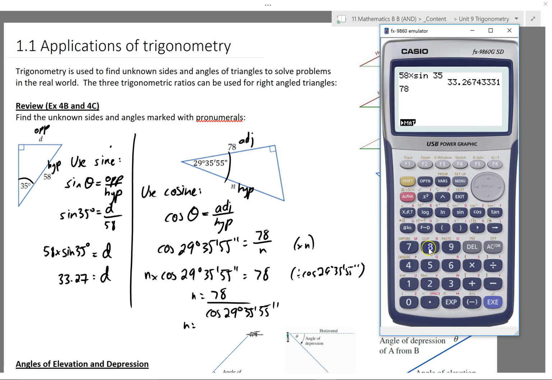So 78 divided by cosine 29. When I want degrees, minutes, and seconds, options, F6, angle, I'll use F4 for all of these signs. 29 degrees, 35 minutes, 55 seconds. And it'll give me the result directly, 89.71.